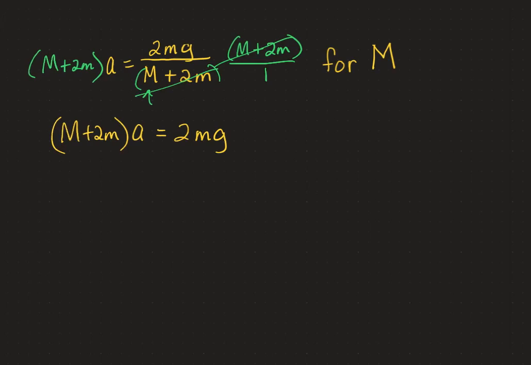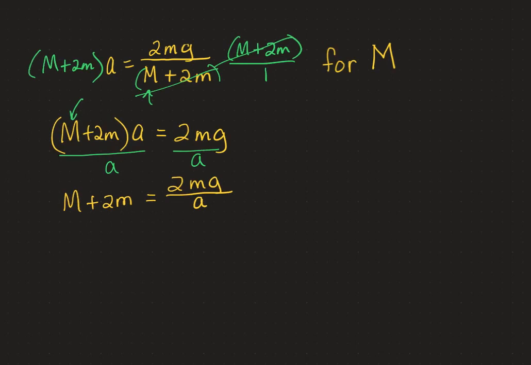Now I want to isolate, still trying to isolate that capital M. So what can I do now? That capital M is still trapped inside those parentheses, but that whole thing is multiplied by a. So I am going to divide both sides by a, leaving me capital M plus 2 times small m. There's nothing to multiply it by, so at this point I can drop those parentheses. And on the other side I have 2mg over a. There's no canceling to be done. There's no division I can do. I have to leave it there.